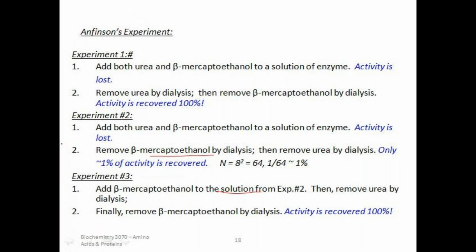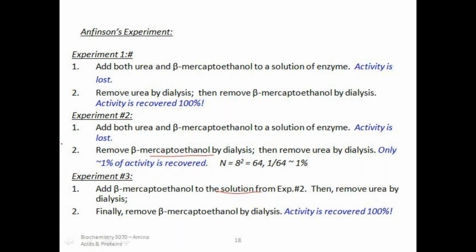Whereas if we first remove the beta mercaptoethanol, that causes a change in the total conformation of that particular enzyme, and due to this the recovered activity is low. That is the main thing you have to observe here.